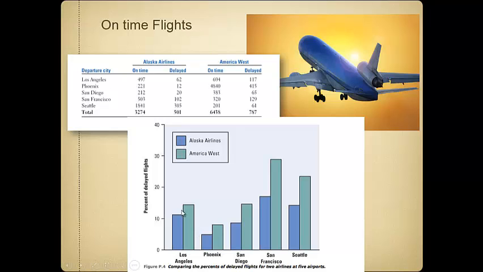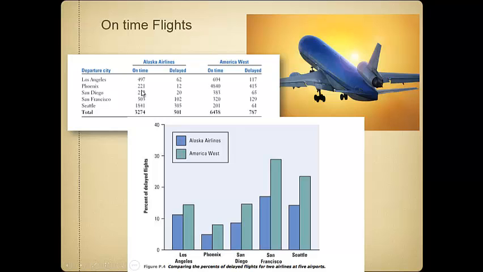Now remember, before, Alaska Airlines seemed to have more delays, but here you can see for each city that America West individually has more. The reason this is happening is because when you look at Phoenix, sunny Phoenix, which does not have a very high percentage of delays, look how many more times America West goes to Phoenix as opposed to Alaska Airlines.